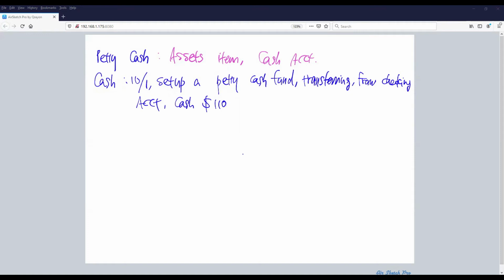Oh my, not 1,000, $100 to the petty cash fund.